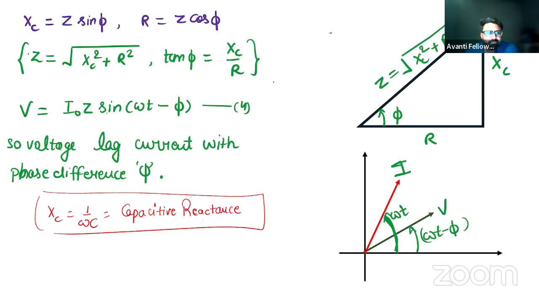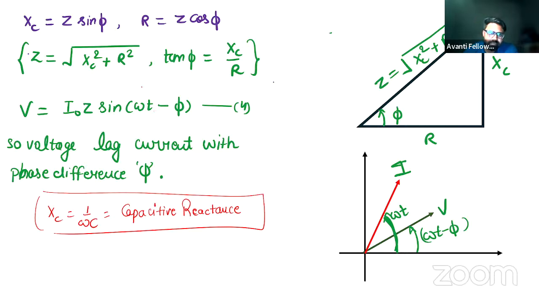Got it? Now, again, for XC you need to assume it as Z sin phi. For R, you need to assume it as Z cos phi. Z is nothing but the square root of XC square plus R square. And tan phi is nothing but the ratio of XC upon R. From that equation, we can say that applied voltage is equal to I naught Z sin(omega t minus phi).